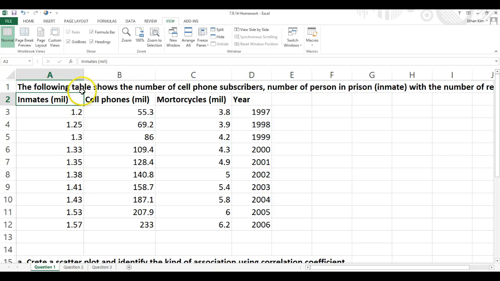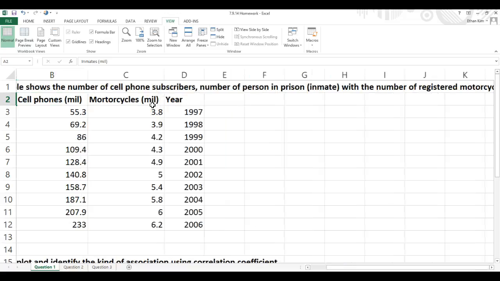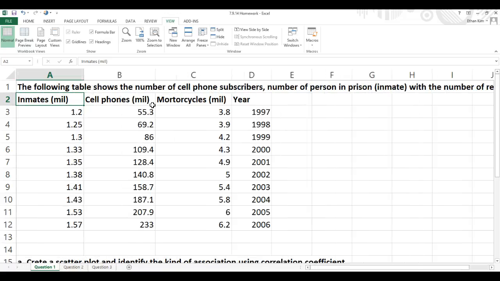The following table shows the number of cell phone subscribers, number of persons in prison, and the number of registered motorcycles. Right, this is the US data, but in the US, if you're using a phone when you're driving, you get fined and sometimes you go to jail. So that's what it means. And these are the number of people in jail in millions.